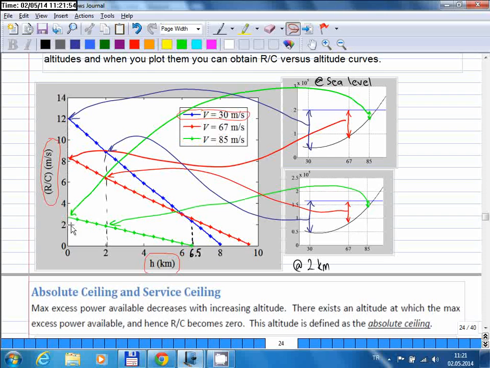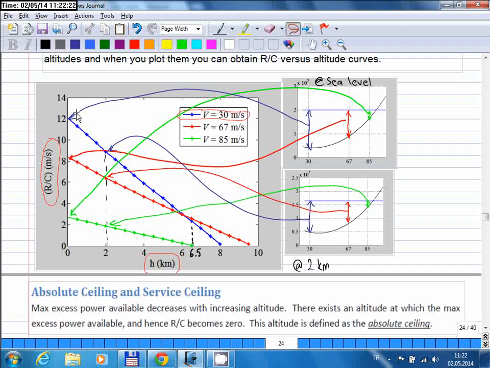If you start to climb while flying at 85 meters per second, the maximum rate of climb you can get is this much, 2 point something meters per second. Whereas if you start your climb at 30 meters per second, the maximum rate of climb you can get is much higher. You can start climbing at 12 meters per second.